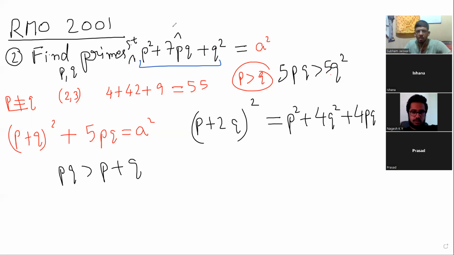So this thing is bigger than P square plus 4PQ plus 3PQ plus Q square. Right? I mean, this is equal to this, sorry. And then this is equal to this. And then this is bigger than P square plus 4.